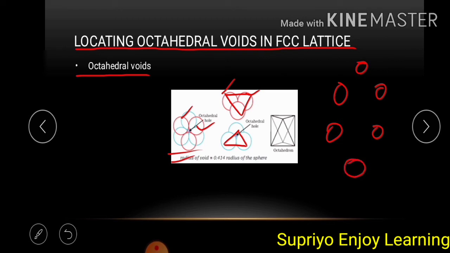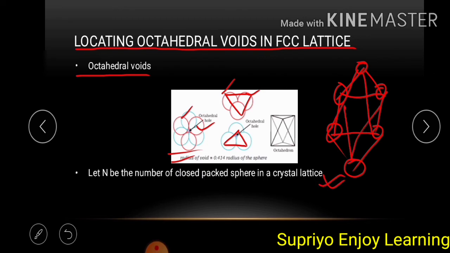So total 6 spheres will be there. 4 spheres in the same plane and 2 spheres, one above the plane and another below the plane, and if we join all the corners of these 6 spheres, we get an octahedral void. If N is the number of close packed spheres in a crystal lattice, then number of octahedral voids generated is equal to n.